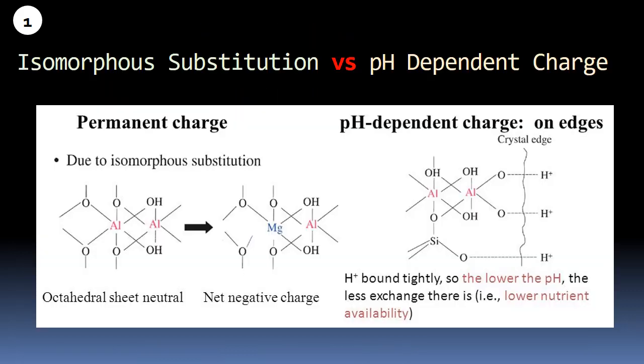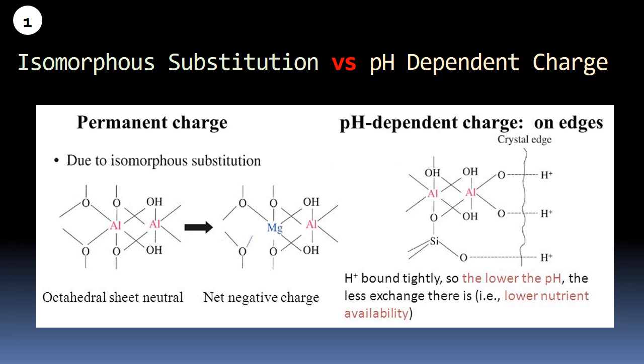To give you more illustration about the difference between the isomorphous substitution and the pH dependent charges, if you look to the right here, the isomorphous are a permanent source of charges, because the process happens with weathering, and the charges will be generated by replacing the central atoms of the tetrahedron and the octahedron by other cations that have the same size but lower charges.